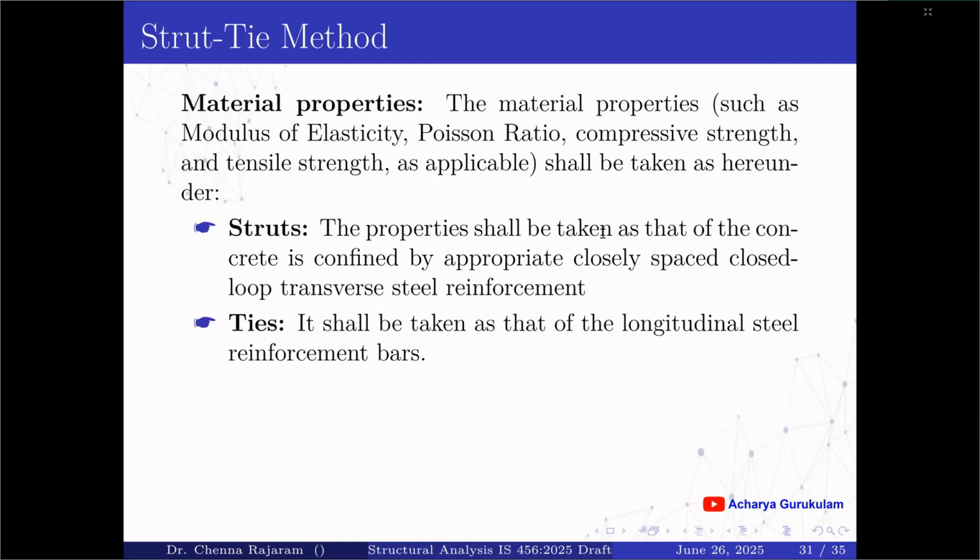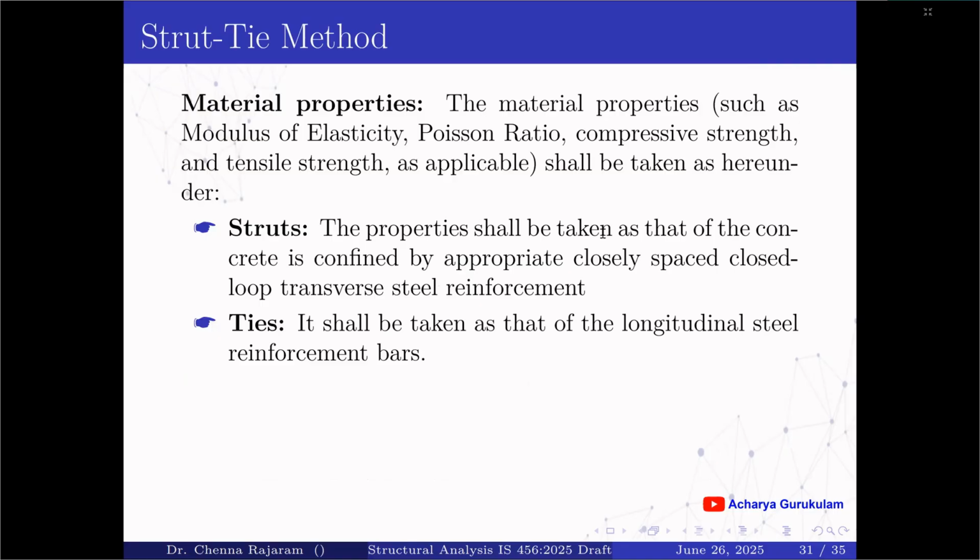For material properties, the material properties such as modulus of elasticity or Poisson's ratio, compressive strength, and tensile strength shall be taken as for struts. The properties shall be taken as that of the concrete confined by appropriate closely spaced closed loop transverse steel reinforcement.